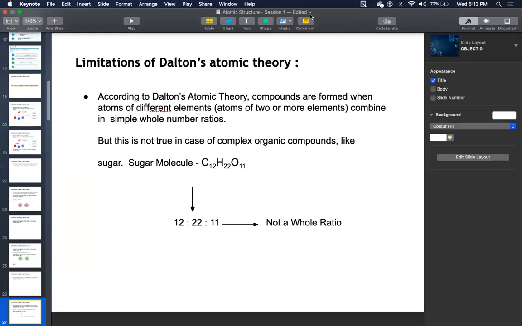Smallest particle. Okay, I suppose electrons. Sir, shouldn't the smallest particle be the electron? Okay, fine. If I ask you one question: which postulate of Dalton's atomic theory helps in giving the law of conservation of mass, what will be the answer?